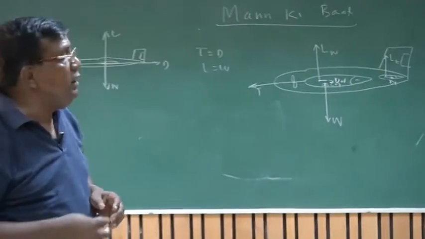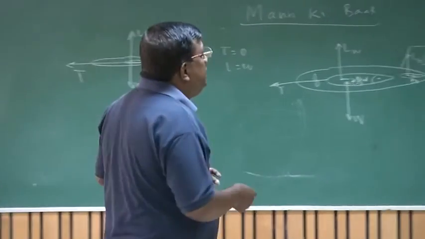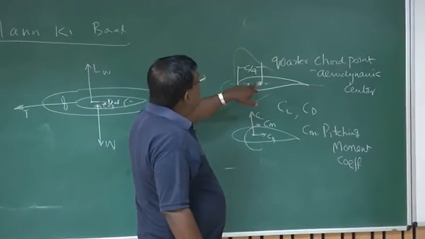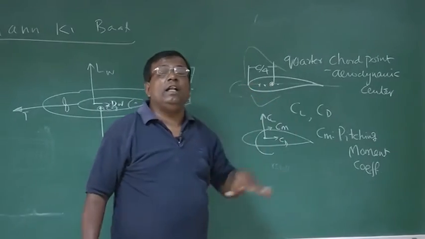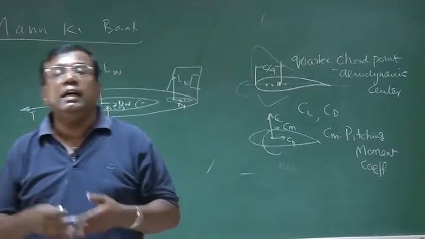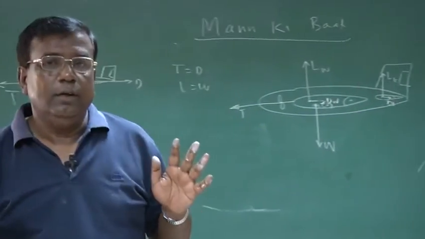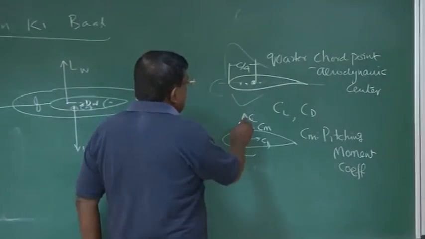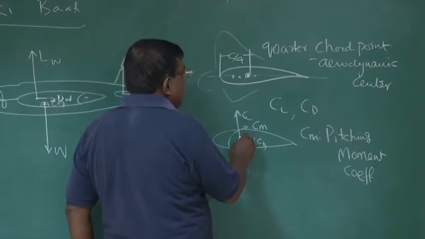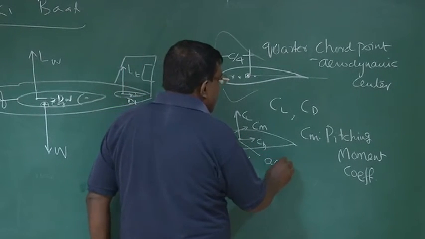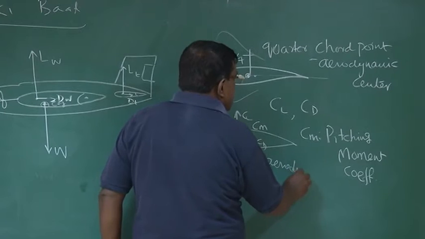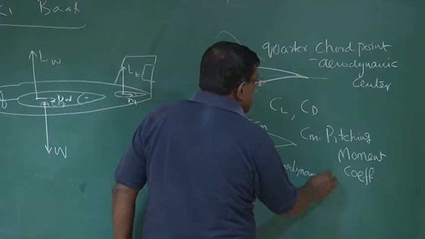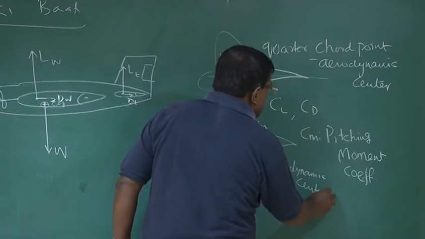What is this aerodynamic center? The pitching moment is independent of angle of attack at the aerodynamic center. Okay? So that is why we always represent CL, CD, CM, all these coefficients at the aerodynamic center.